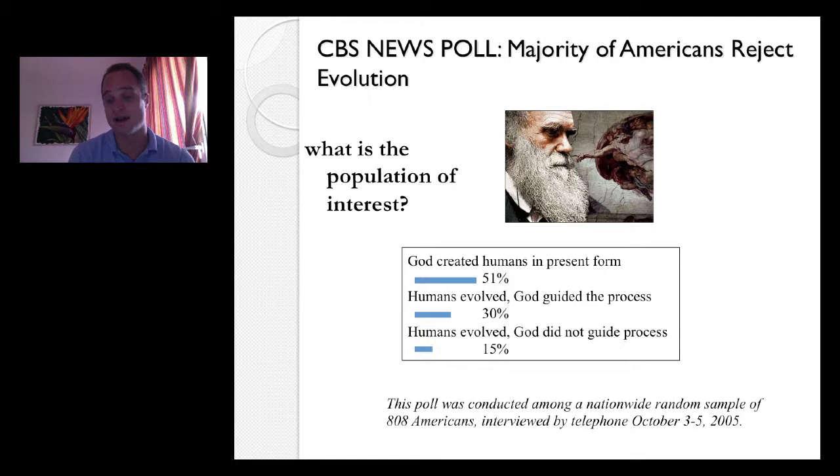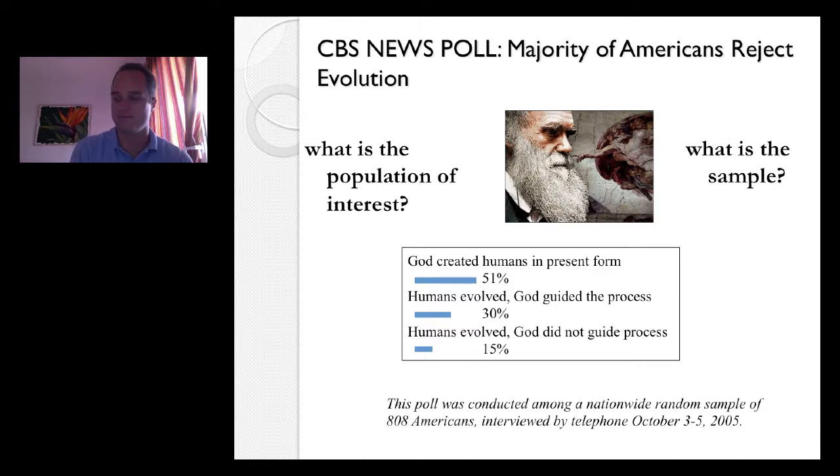It's not specifically spelled out here, but my guess is that CBS isn't interested in what my three-year-old daughter thinks about the evolution of humans. So my guess is that their population of interest is adult Americans, and if you look into the fine print of their study, you may get some more information there. So I would say the population is adult Americans, and their sample, of course, is the 808.